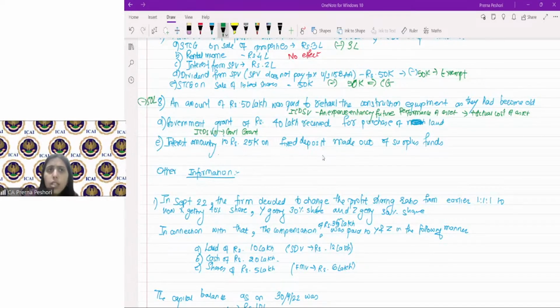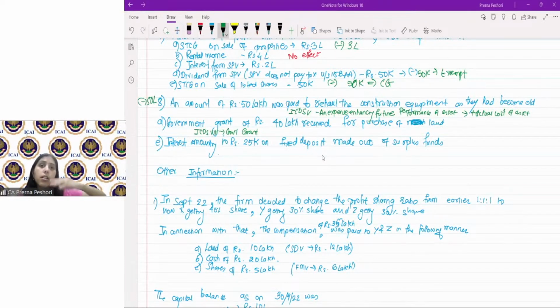Meaning, the government grant will be recognized as income, but it shall be recognized over the periods over which the cost is incurred to fulfill the obligation with which the grant is received.